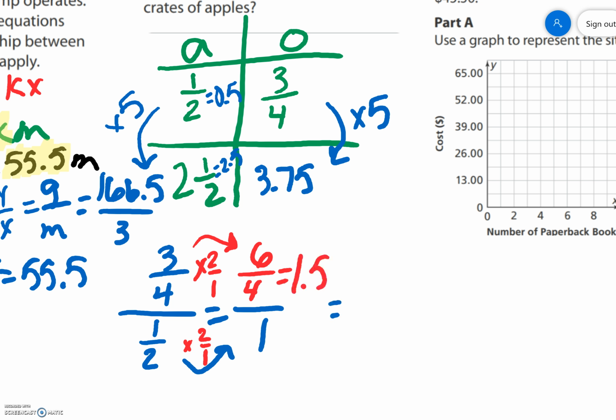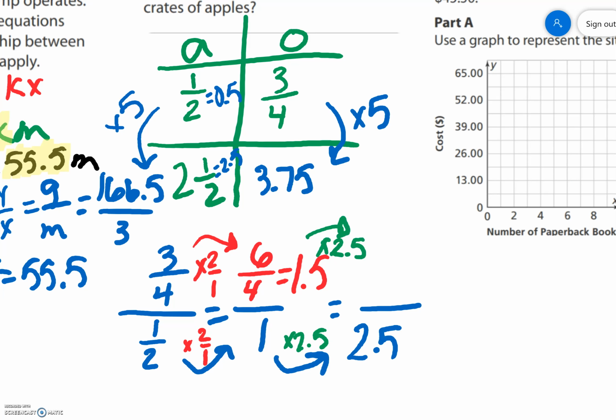But that's not what we're trying to find. We're trying to find when we're going to have 2.5 crates of apples. So multiply both sides by 2.5, multiplying that unit rate. So if you do 1.5 times 2.5, you will get 3.75. That is the same answer both ways. You only have to do it one way.